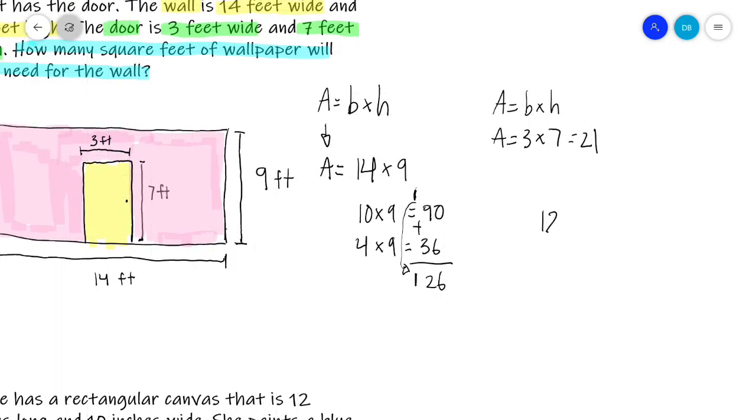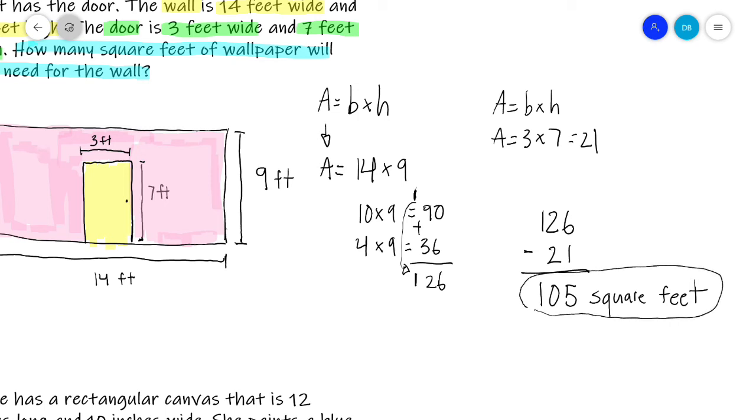Now all we need to do is take the total area of the wall, including the door, and subtract the area of the door. And we get left with, drum roll please, 105 square feet. But it's good practice to buy about 20% extra, so that wouldn't cut it. But for this, 105 square feet is the exact measurement of what you need.